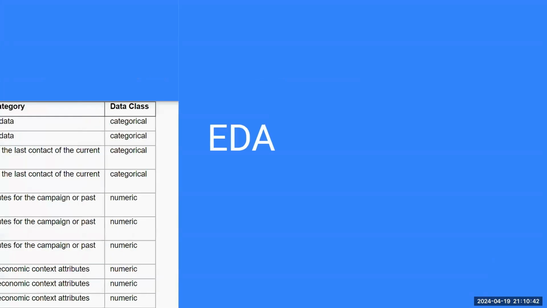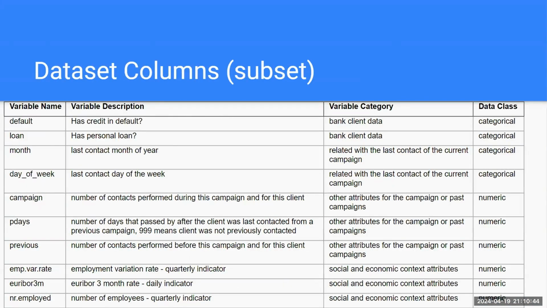And so we'll start our EDA here, with this next slide. The subset of the data set columns presented here include variables like default and loan that are categorical and part of the bank data set. And then we're looking at the variables of month and day of the week. They are related with the last contact of the current campaign.